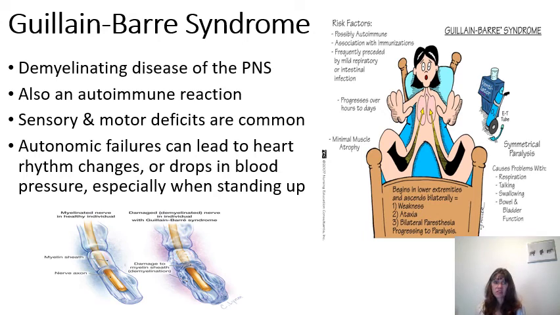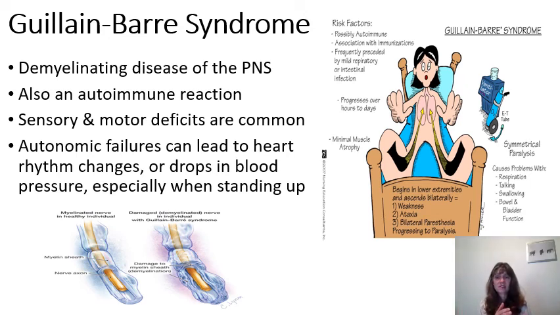Some of the risk factors may be association with immunization, and it is often or frequently preceded by either mild respiratory or intestinal infections. Guillain-Barre is usually self-limiting, which means that it will resolve over time, and it can vary in terms of the length of time that it is in effect.